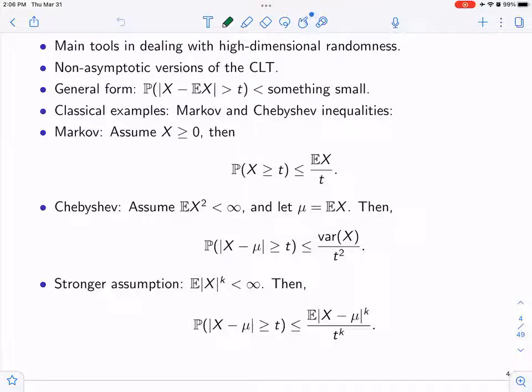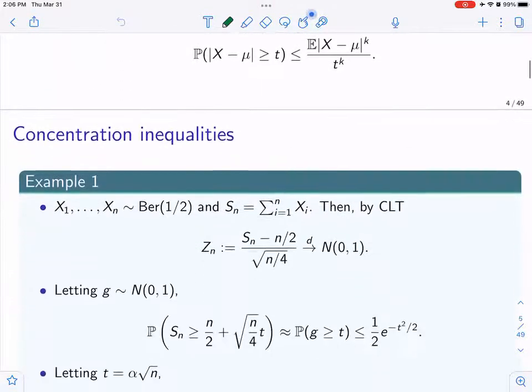Again, this is a direct consequence of the same inequality. The interesting point is that the tails now decay like 1/t to the k, and if you have all moments, it means that the tails are decaying faster than any polynomial. Then you might think, maybe they're decaying exponentially, and that's where we're going.